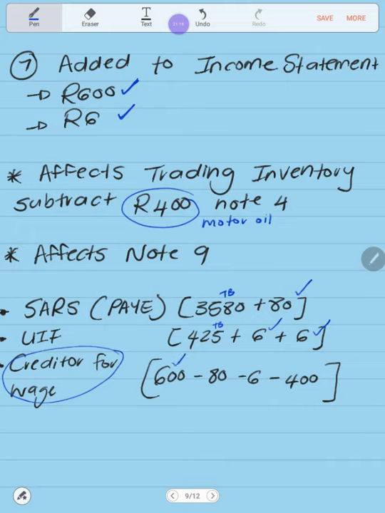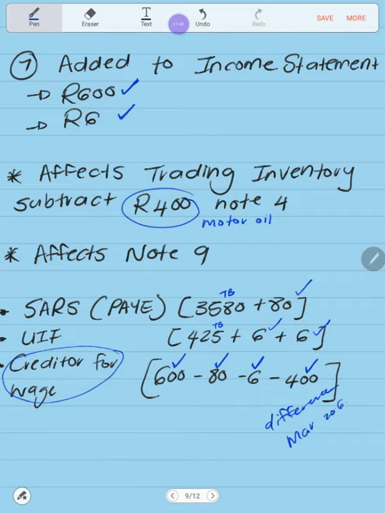What is his full wage? 600. You subtract the pay as you earn, you subtract his UIF, and you subtract the 400 Rand worth of oil that he has taken, and you'll work out your difference, which will obviously be paid in March 20.6.